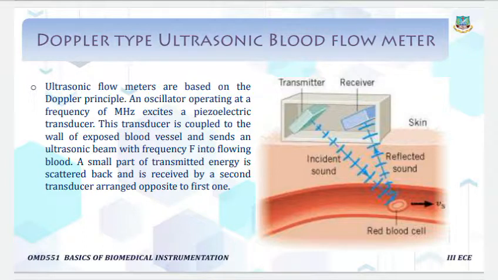The scattering will occur as a result of moving blood cells, but the reflected signal has a different frequency due to the Doppler effect. We know that due to the Doppler effect, the received frequency is different compared to the transmitting frequency.